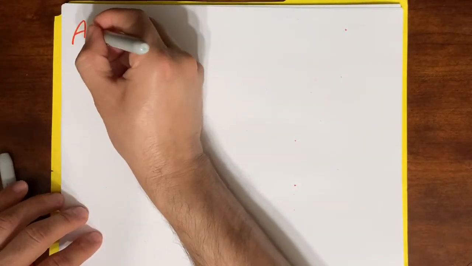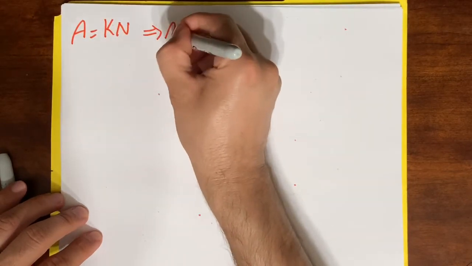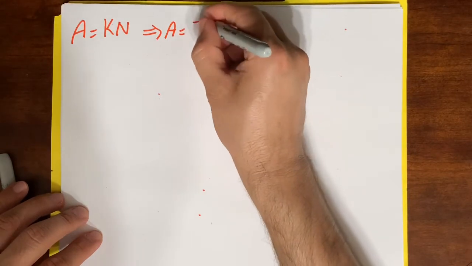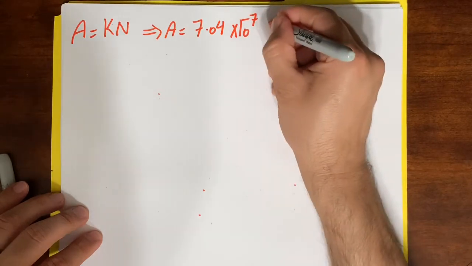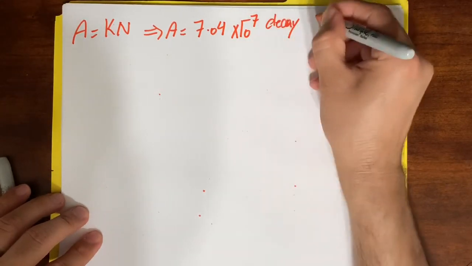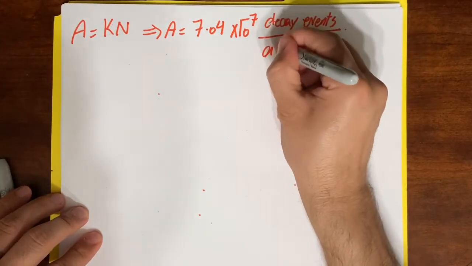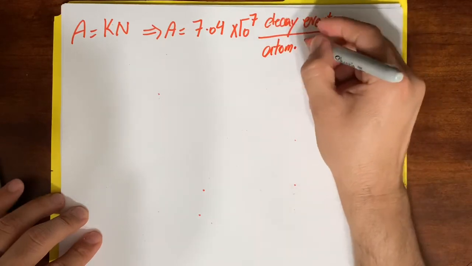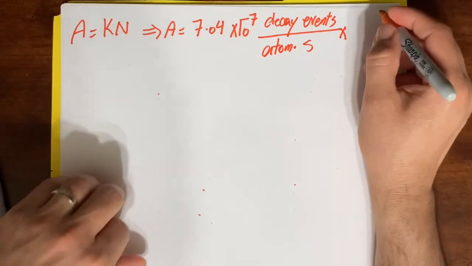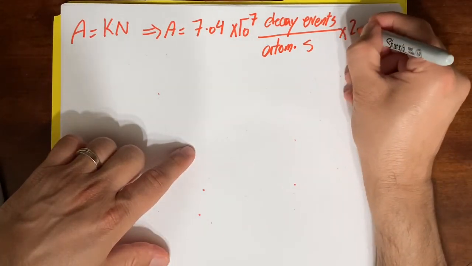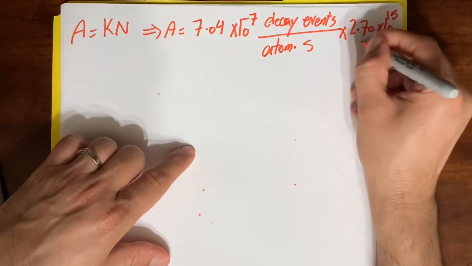So A is K multiplied by N. A will be 7.04 multiplied by 10 to the power of minus 7 decay events divided by atom second, multiplied by the number of atoms, 2.70 multiplied by 10 to the power of 15 atoms.